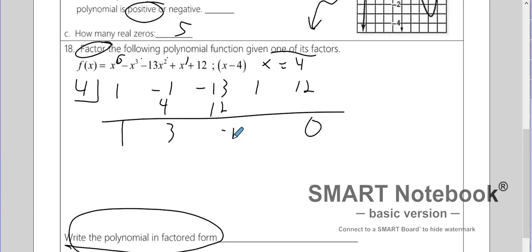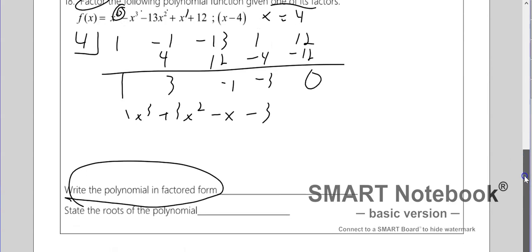Might be a place where we might have made a mistake right there. That's -4. Add to get -3. -12 makes 0. Since we started with a 4, this 1 is my x cubed. Then the 3 goes with x squared. Then x, -1 is -1x, and -3.